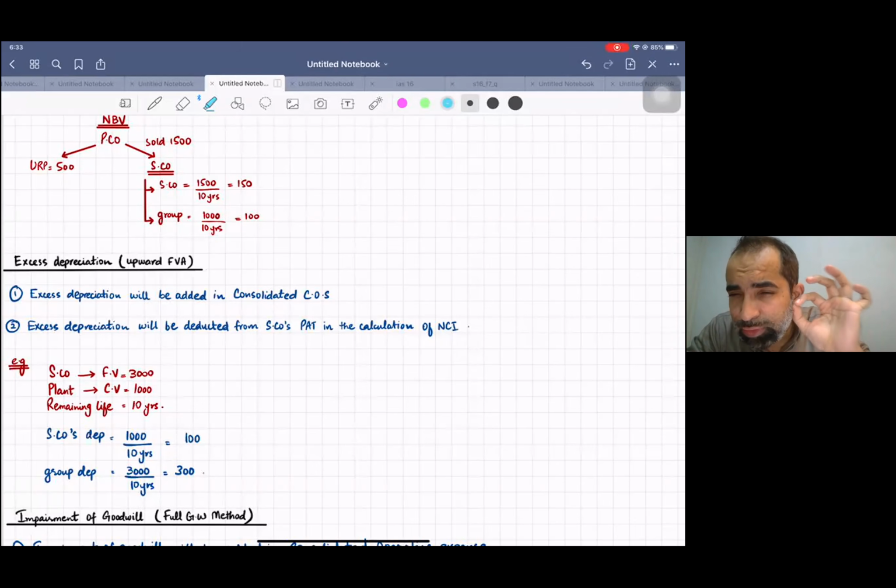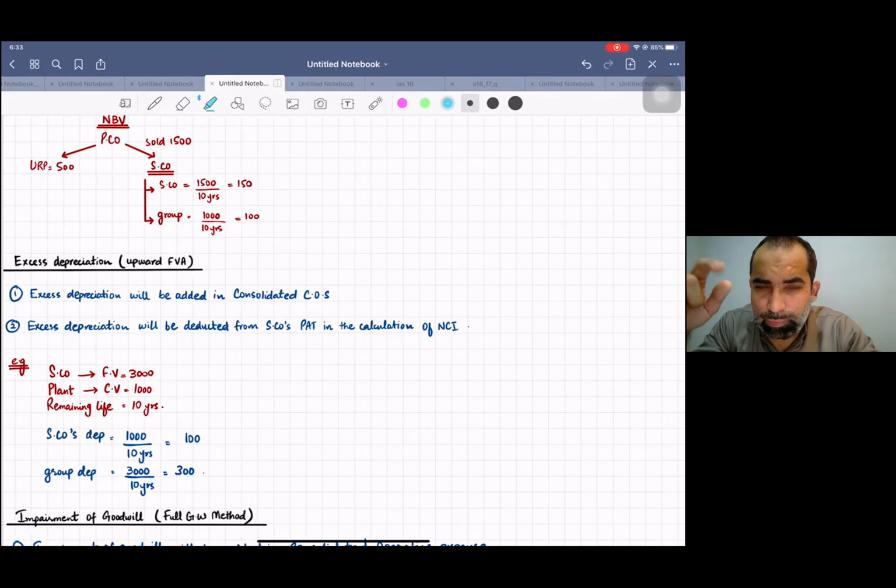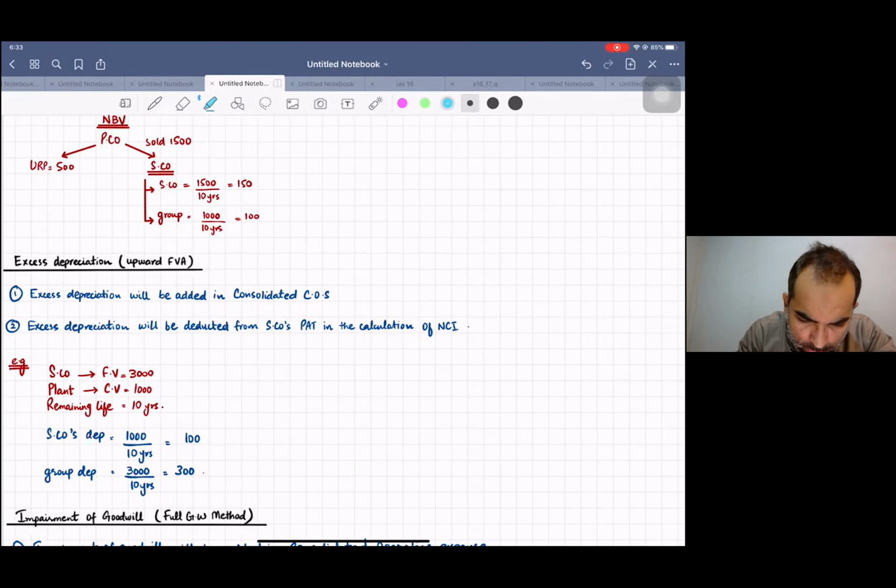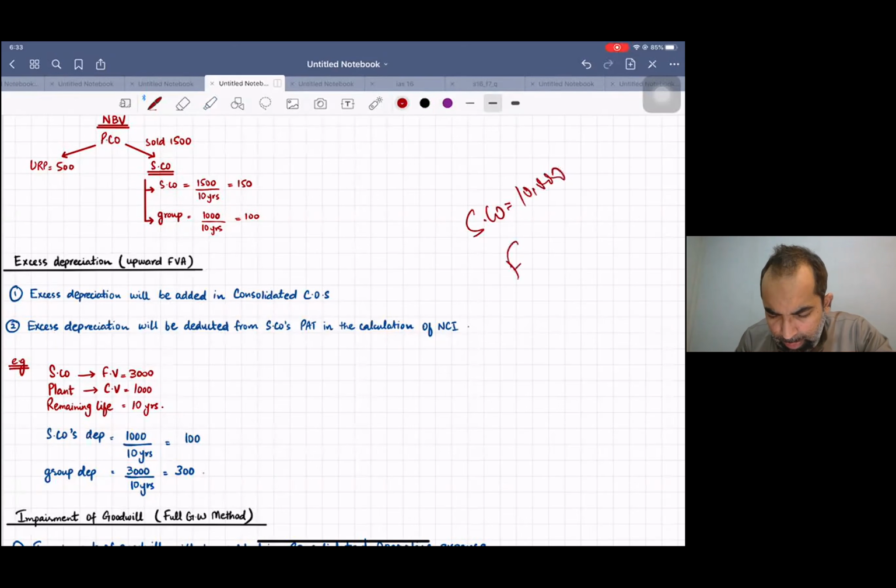Now see, there is an upward fair value adjustment of S company's plant. S company's plant was already recorded at 10,000, but the fair value of that plant is 15,000.